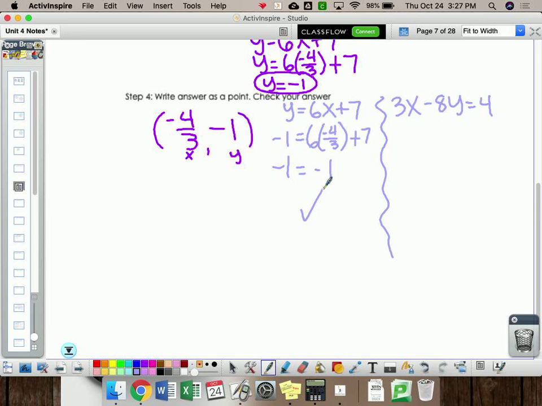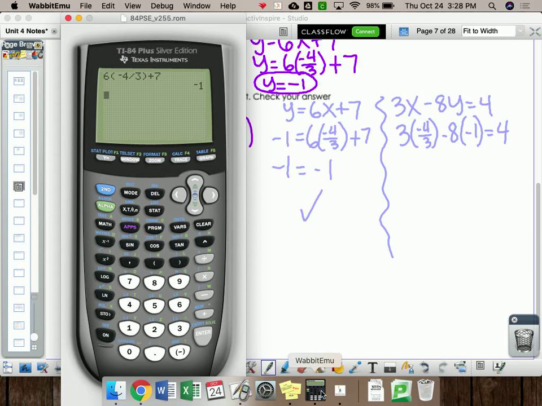I need to double check that it works for the other equation as well. So I'm going to plug in to my other equation. My x was -4/3 and my y was -1. So now I got to figure out if this left side of my equation does equal 4. Let's figure that out.